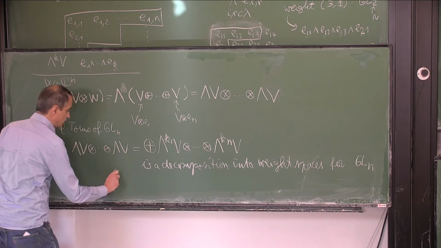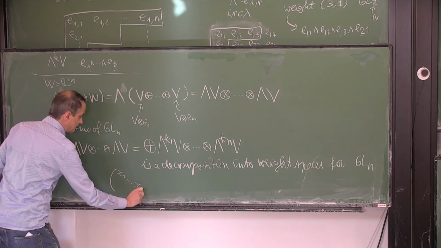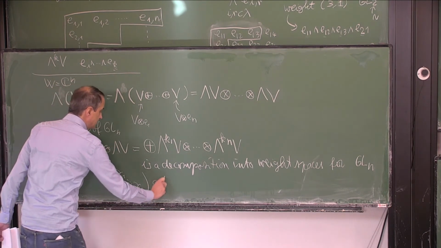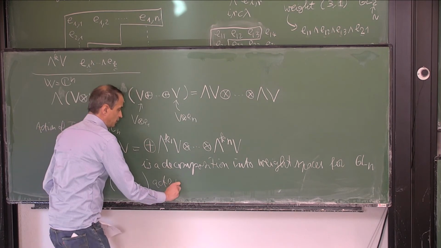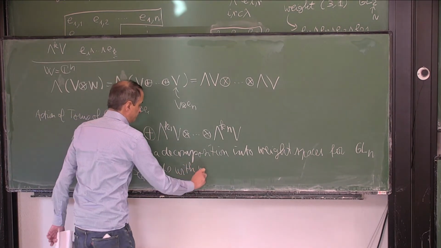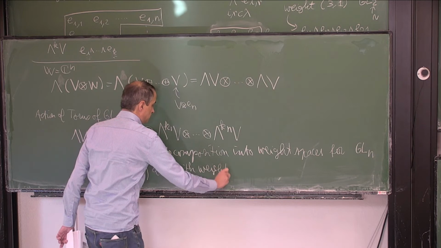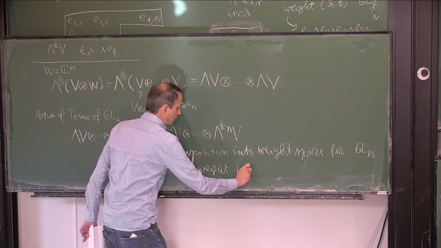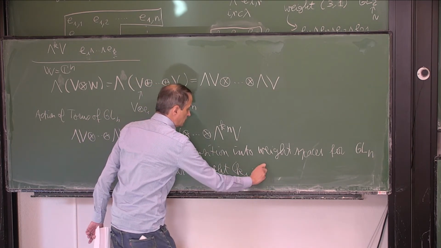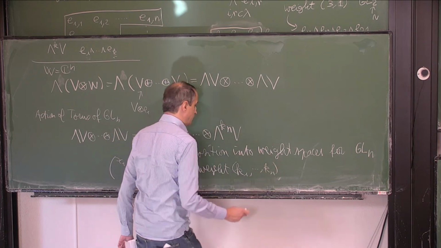If you have a torus element x1 up to xn, it acts with weights k1, up to kn. These are the eigenvalues.